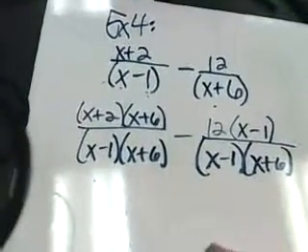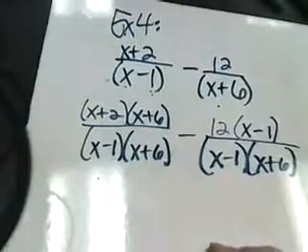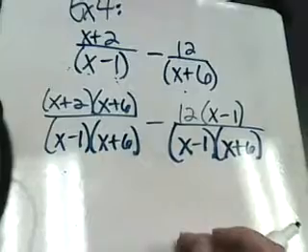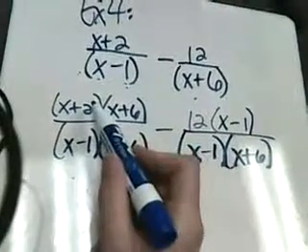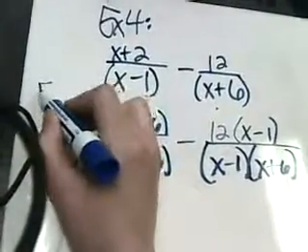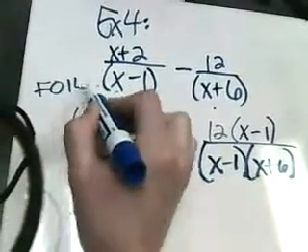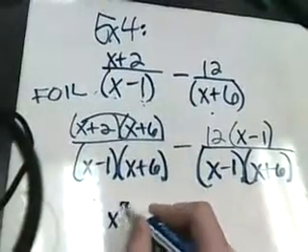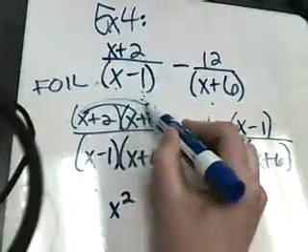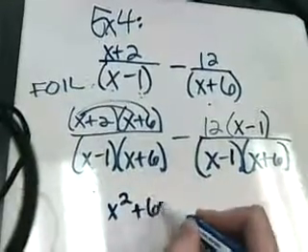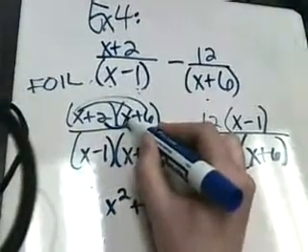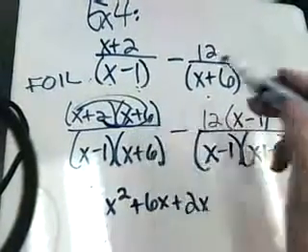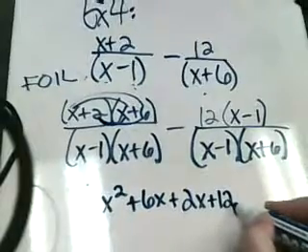Okay, now I'm going to squish everything together, and I'm going to use a method of foiling to clean this top piece up, okay? When you foil, you're working with first, outside, inside, last. So I'm going to take the first terms, x squared, the outside terms, 6x, the inside terms, 2x, and the last terms, 12.